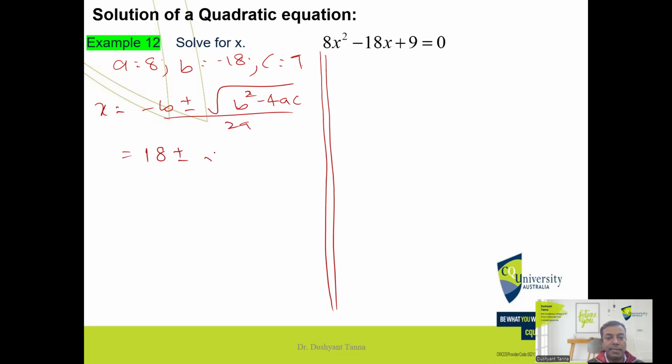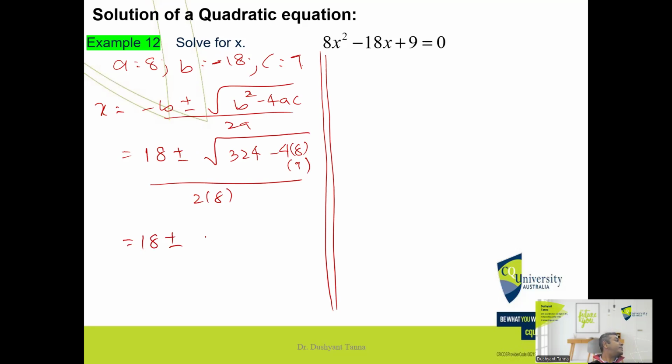That's 18 plus or minus, there is a minus here, 18 squared. Shall we say 324? 32 times 9, 320 minus 32, 288. 324 minus 288, so 24 and 12, 36.